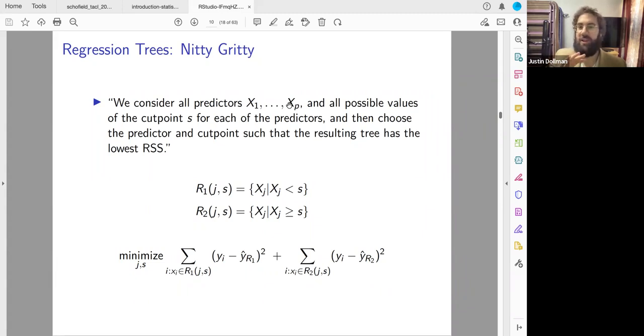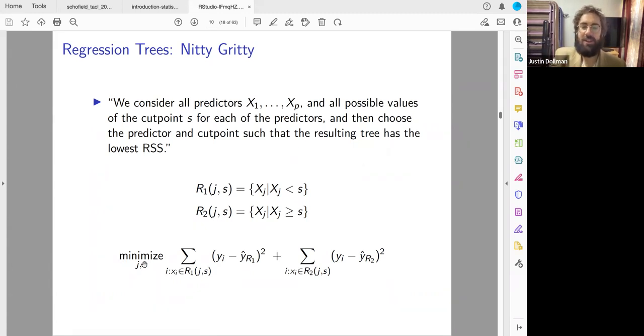And so you choose the combination of predictor and cut point with the goal of minimizing the RSS with one split. I don't know if it's worth getting into the actual stuff down here, but basically, it's a minimization problem.